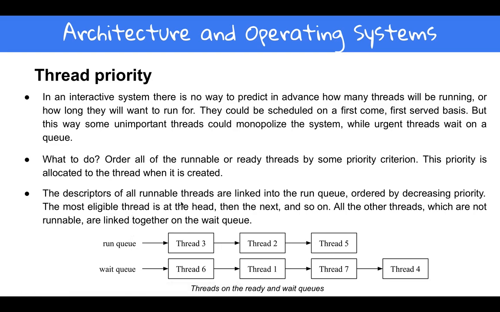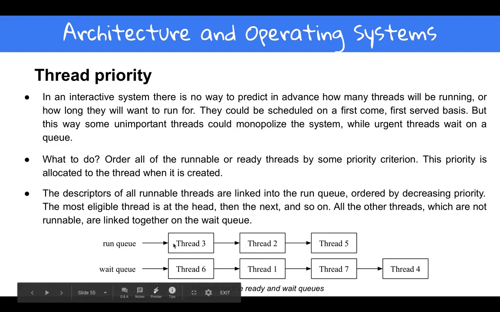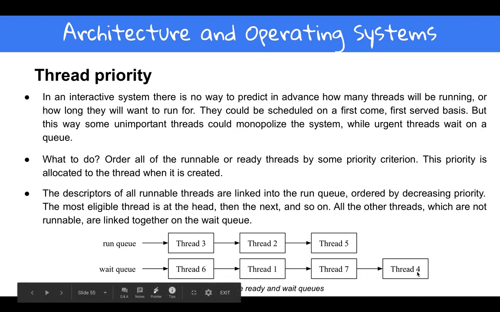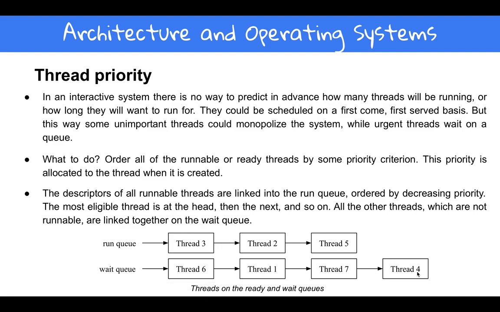The descriptors of all runnable threads are linked into the run queue, ordered by decreasing priority. For example, you put threads in this way: the one with the highest priority goes on the top. The rest will go to the waiting queue. As soon as the more important ones are executed, the wait queue will come to the CPU and be executed.